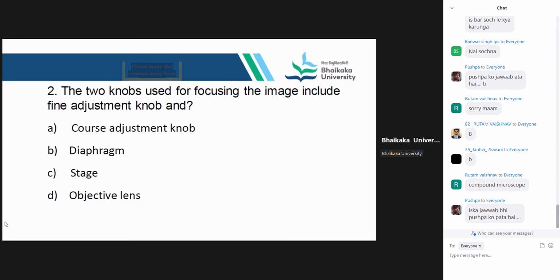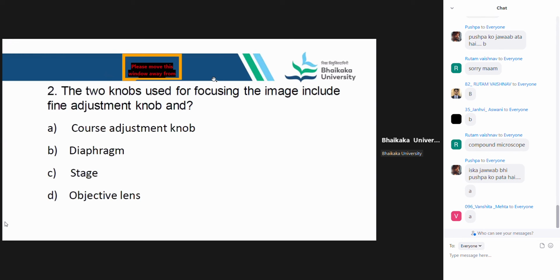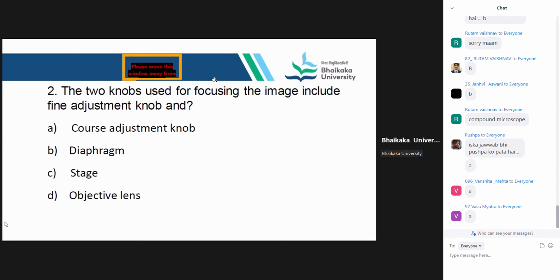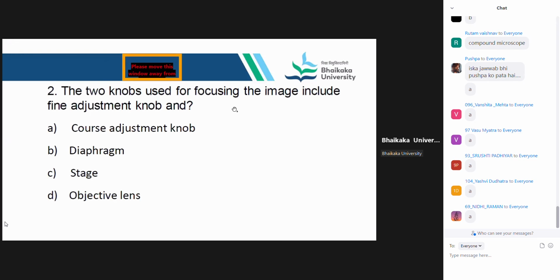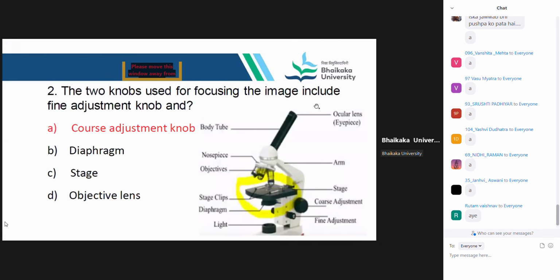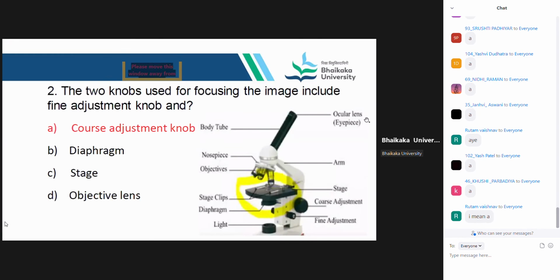The second question: the two knobs used for focusing the image include the fine adjustment knob and... who will answer? Okay, good. The coarse adjustment knob.